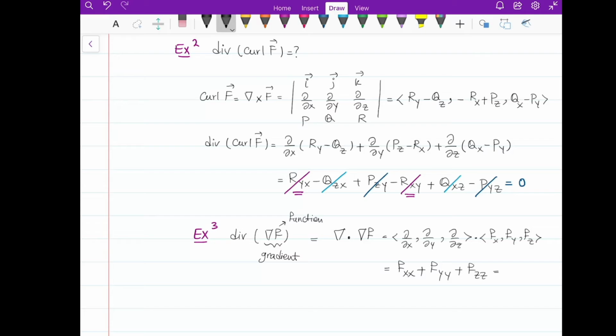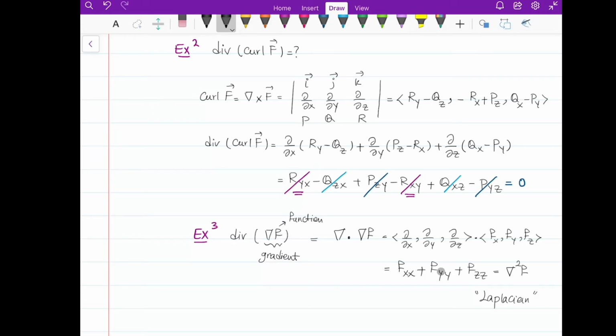Okay, this is actually another notation that I can use for it. It would be del squared of the function f. This is famous. This is called the Laplacian. And the Laplacian in physics appears in wave equations or heat equations. So the Laplacian is actually the divergence of the gradient.